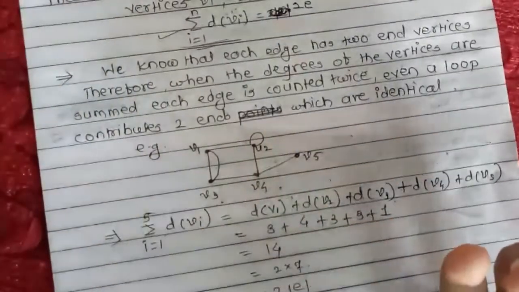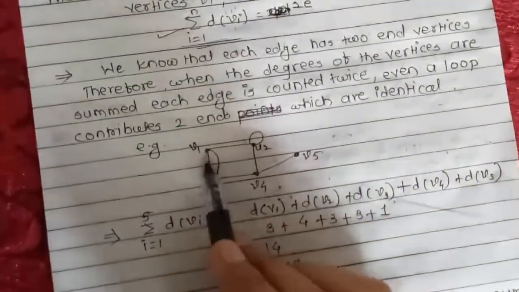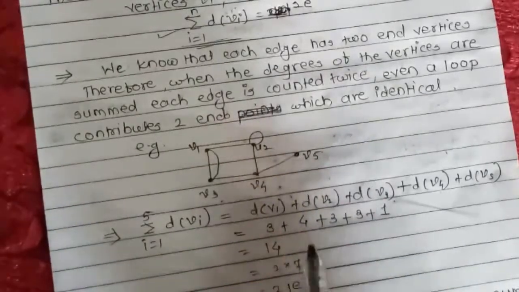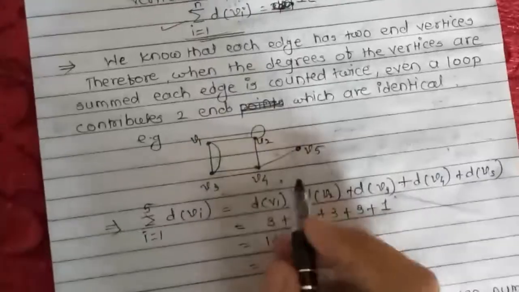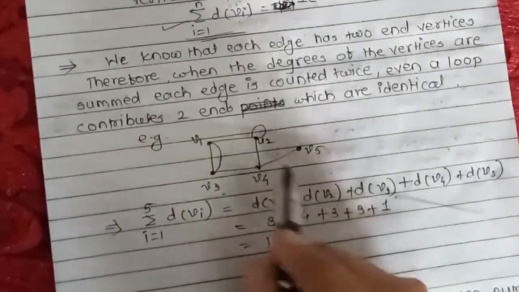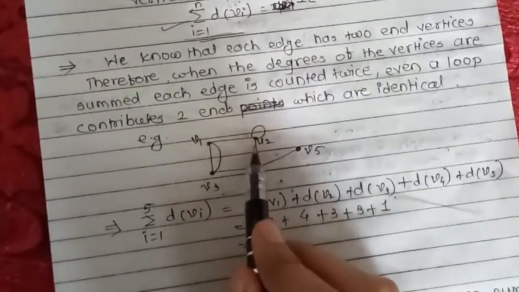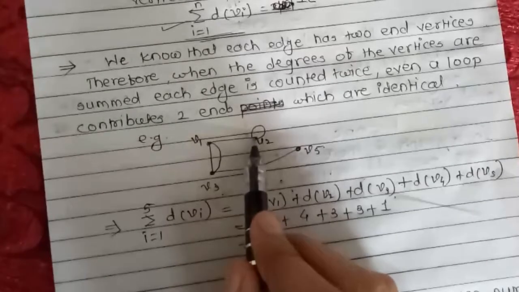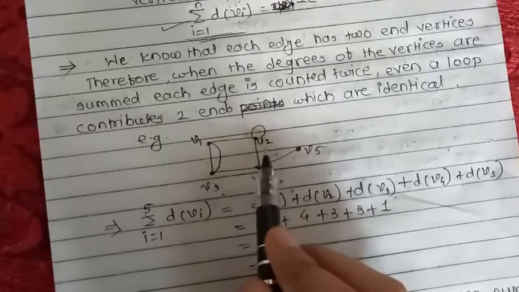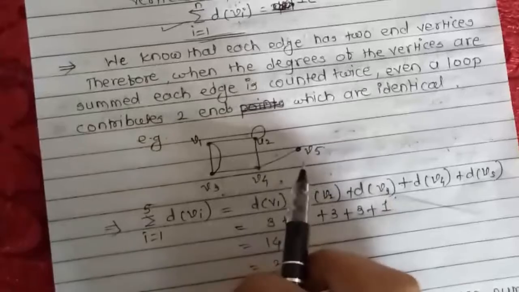We know how the degree of a vertex is counted. Degree of v1 is equal to 3, because there are 3 edges incident on v1. Similarly, degree of v2 is 4, because there are 3 edges, but there is also a loop, and while counting the degree of a vertex, a vertex which has a loop on itself counts each loop twice.